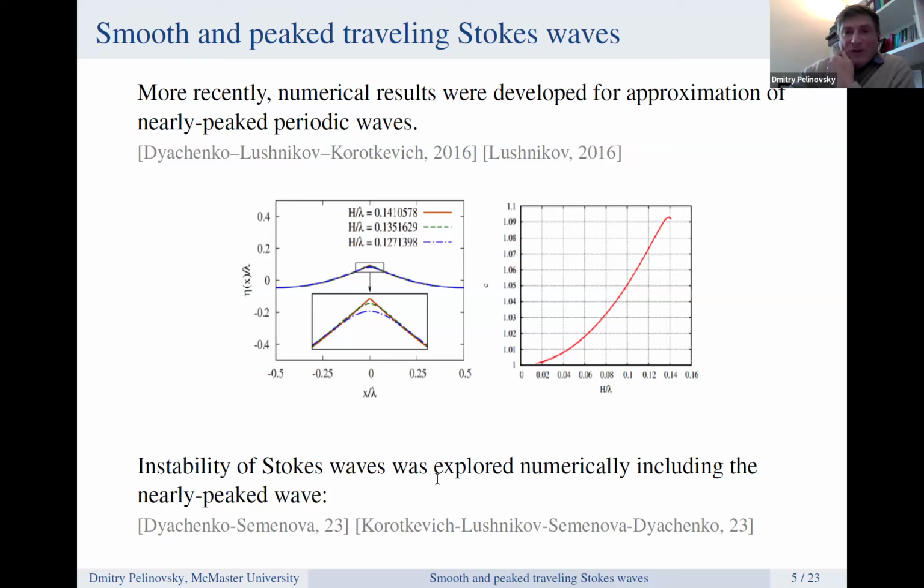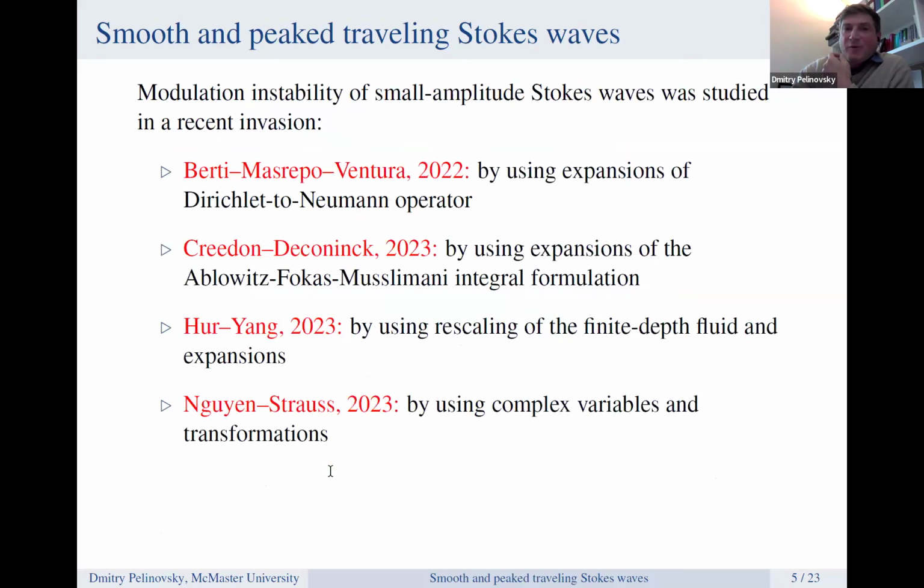From the beginning, I would like to say that I will be looking at the periodic waves, and I will be thinking about the stability problem with respect to periodic perturbations of the same period. It eliminates the problem of modulational stability, and I was very happy to see that recently the subject was booming with proofs of modulational stability by using different techniques.